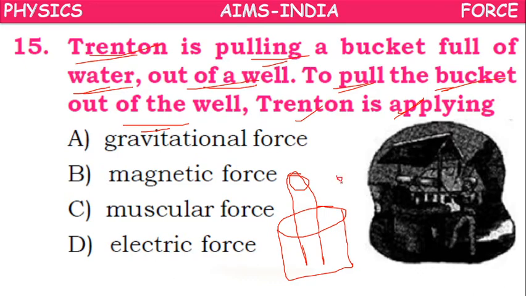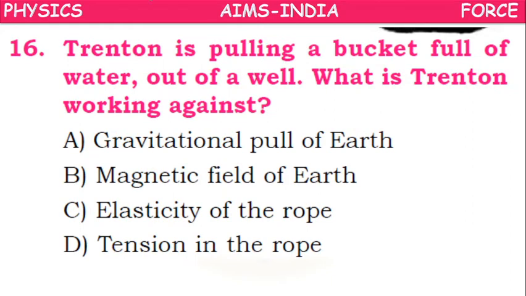With the help of this pulley, the boy is trying to pull the bucket out. So what is he applying? With his body parts, he has to pull the rope. So he has to apply muscular force. Gravitational force is wrong, magnetic force is wrong, muscular force is correct, electric force is wrong. Next.